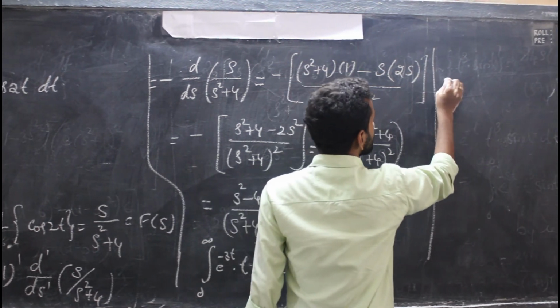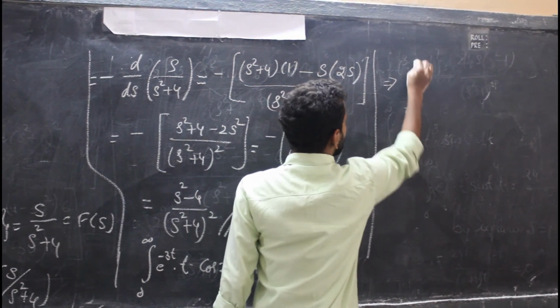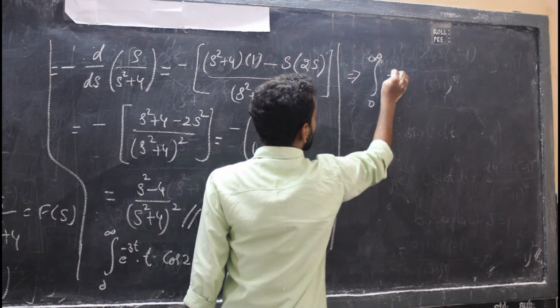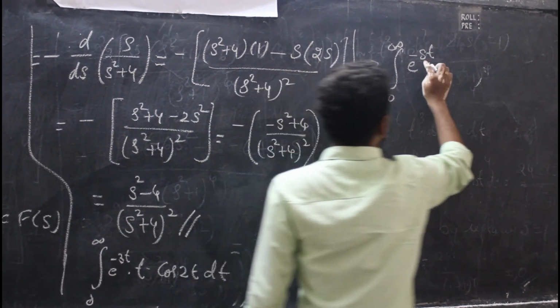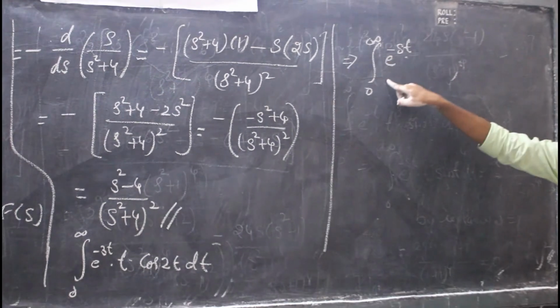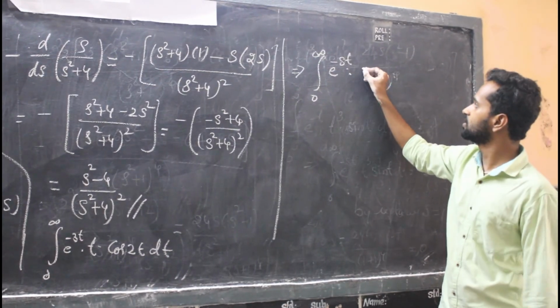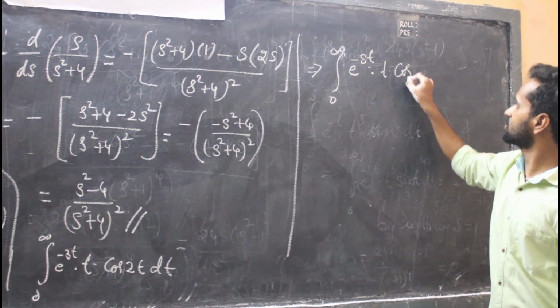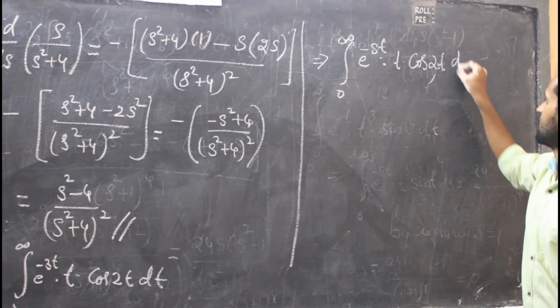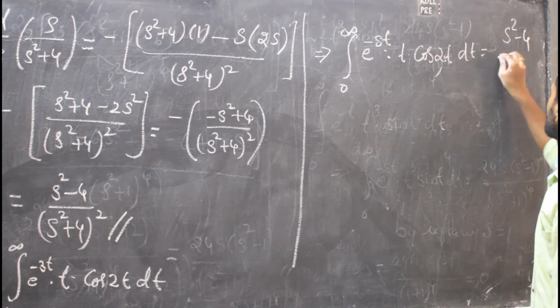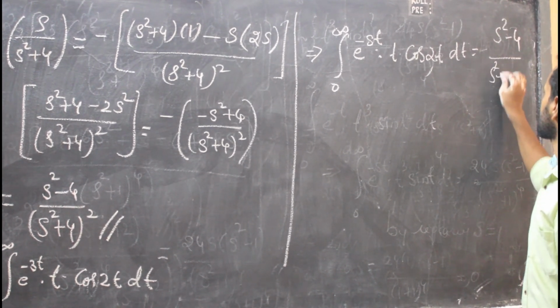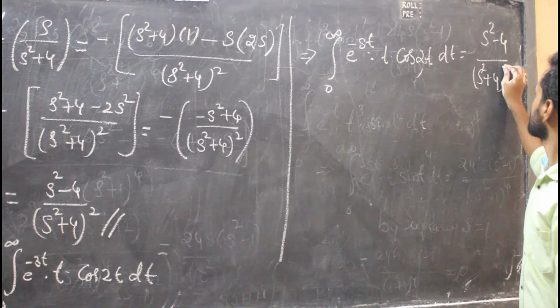This becomes integral 0 to infinity e to the power of minus st into t cos 2t into dt is equal to s square minus 4 divided by (s square plus 4) whole to the power 2.